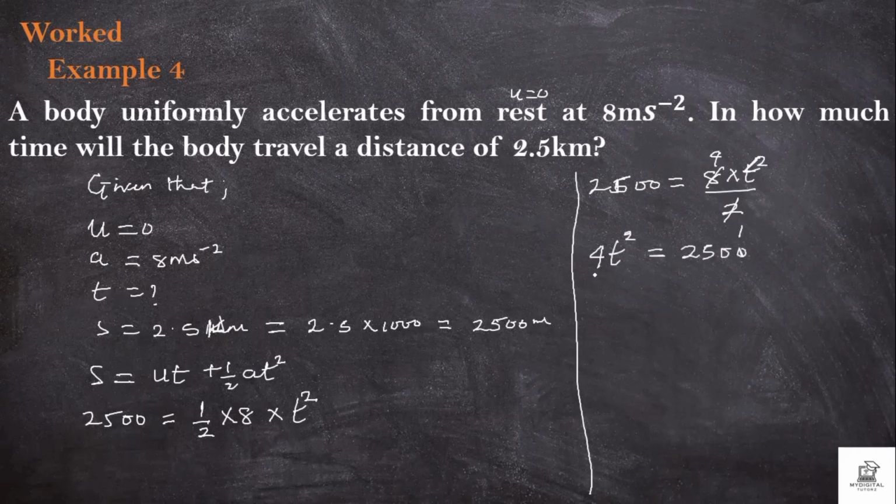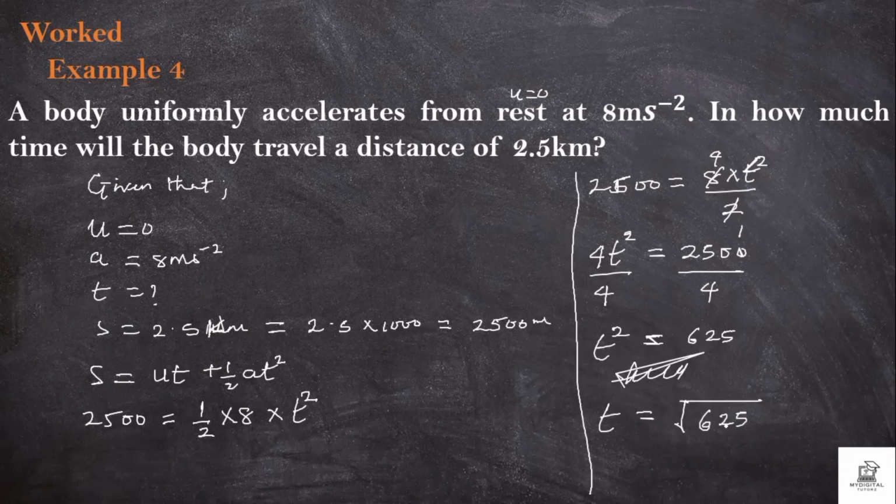2,500. So divide both sides by 4. So t squared will be equal to, what is 2,500 by 4? That will give us 625. So t will be equal to root of 625.